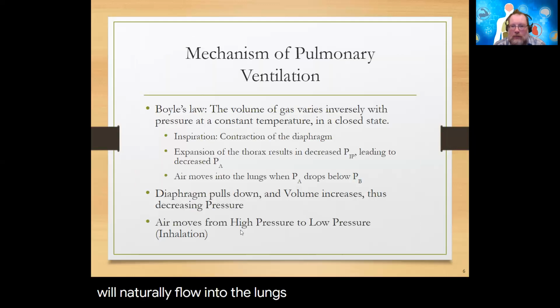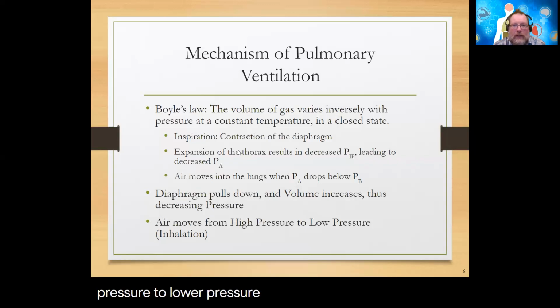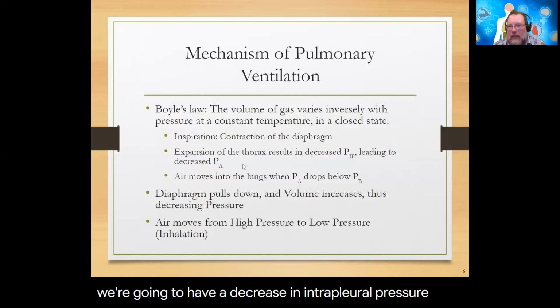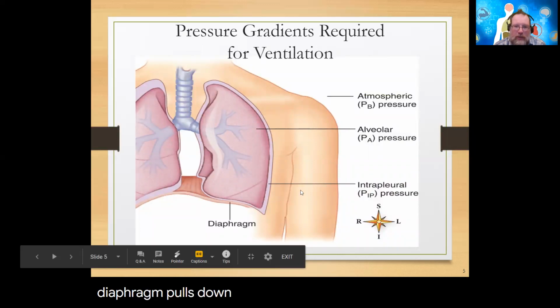Okay, air moves from high pressure to lower pressure. Okay, so as the thorax expands, we're going to have a decrease in intrapleural pressure. And again, that's going to coincide with a decrease in alveolar pressure. So again, as that diaphragm pulls down, intrapleural pressure decreases, volume increases.